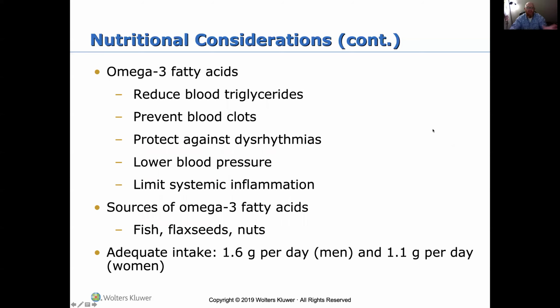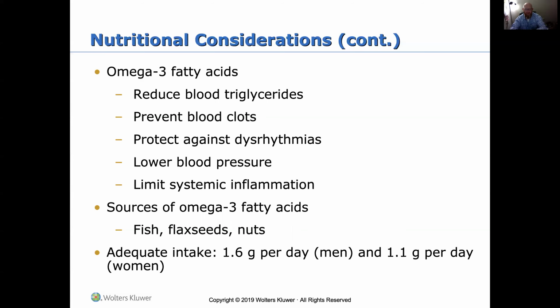Another good thing you can introduce to your body is omega-3 fatty acids. They reduce triglycerides in the blood, prevent blood clots, and help prevent dysrhythmias, or heart rhythm difficulties. They help lower your blood pressure and limit inflammation. You find these omega-3s in fish, flax seeds, and some different nuts.